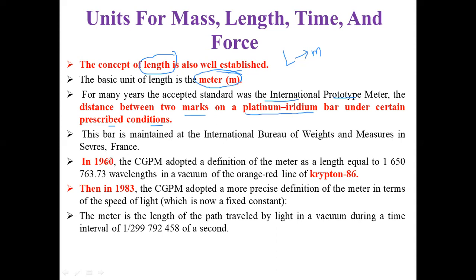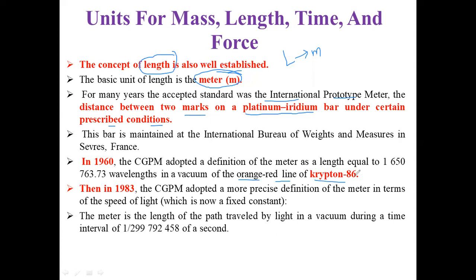In 1960, CGPM adopted a definition for the meter as a length equal to 1,650,763.73 wavelengths in vacuum of the orange-red line of Krypton 86. Keep in mind this, friend, Krypton 86.